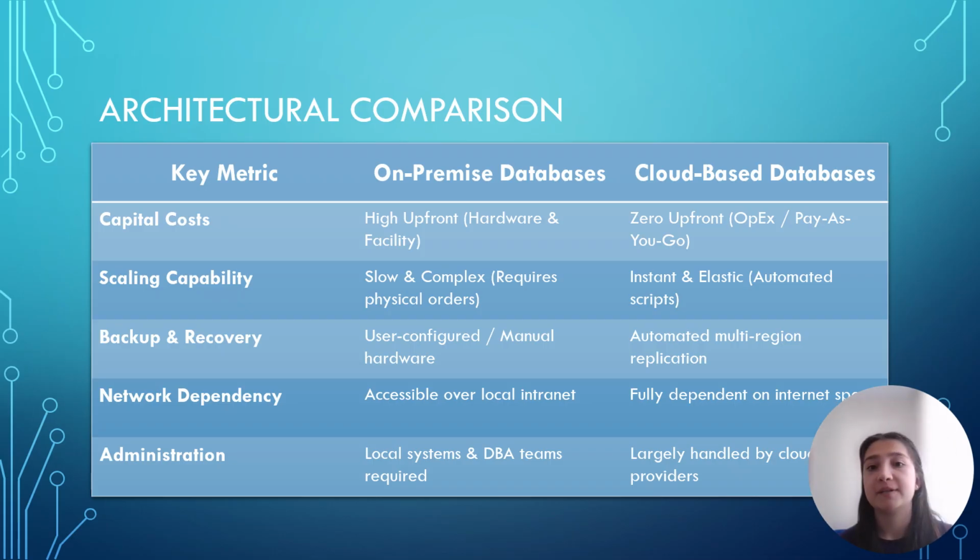And cloud-based databases remove the burden of hardware maintenance, offer incredible elastic scaling, and save money through flexible pricing. But they introduce vendor lock-in risks and require strict attention to cloud security settings. For most modern applications, the agility of the cloud easily outweighs the challenges, provided the system is configured correctly.